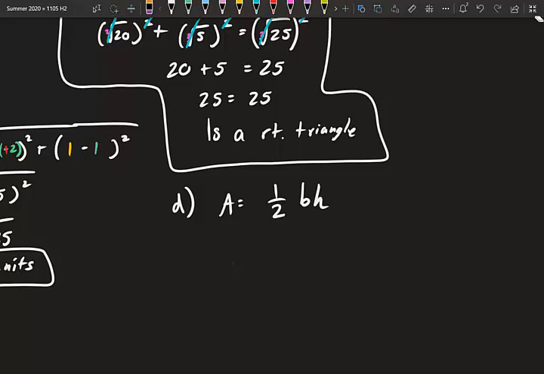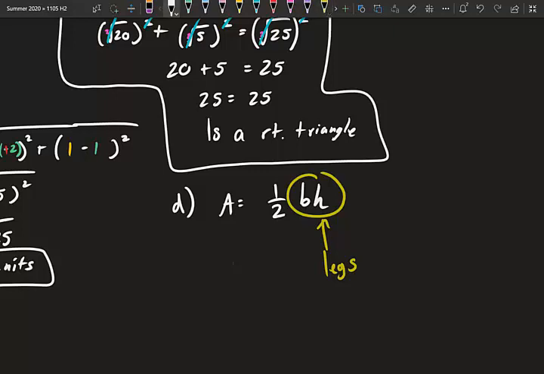So your base and your height, those are just your legs. If I asked you to find the area of a triangle, you need to identify the legs. In order to identify the legs, you need to find the distances between all points.